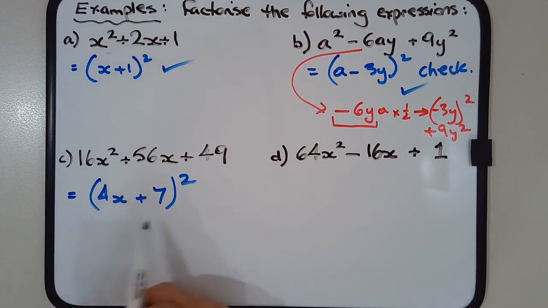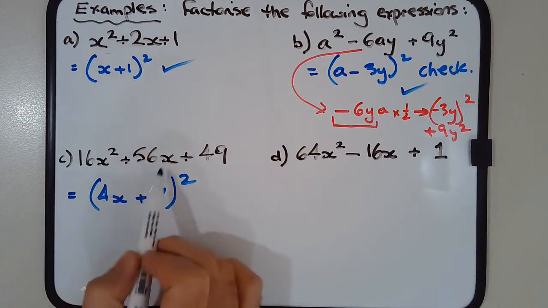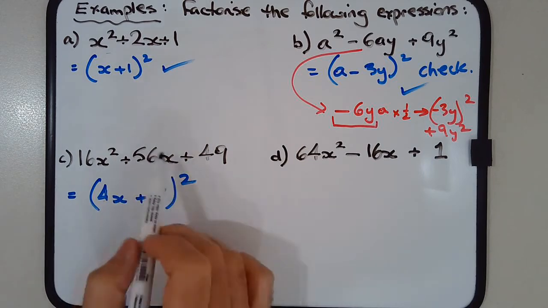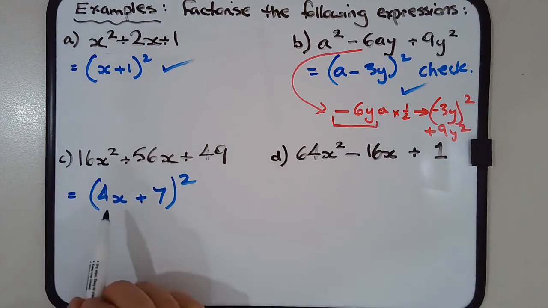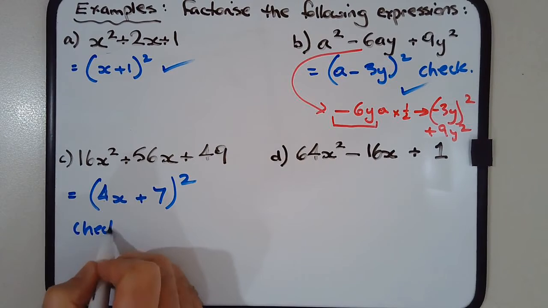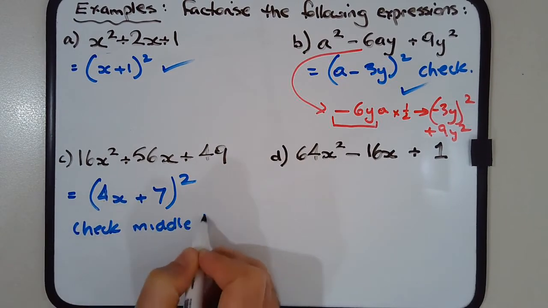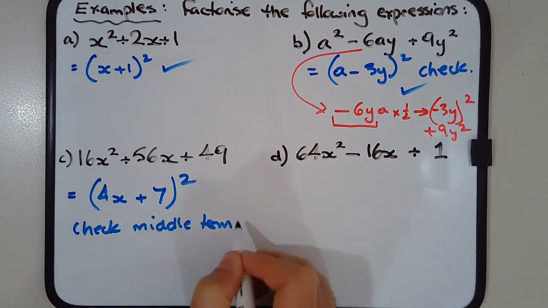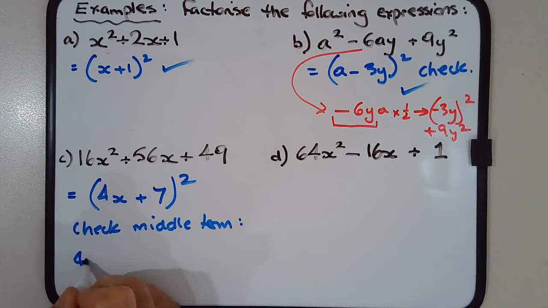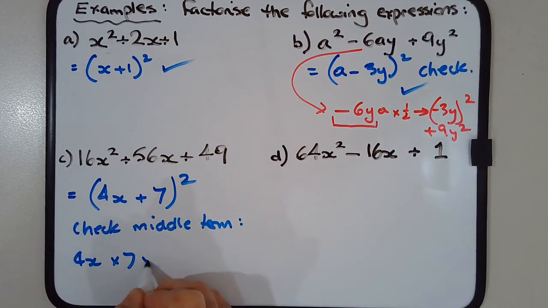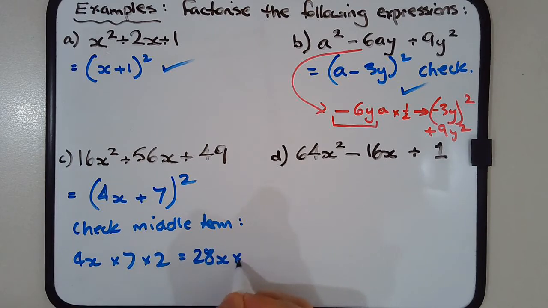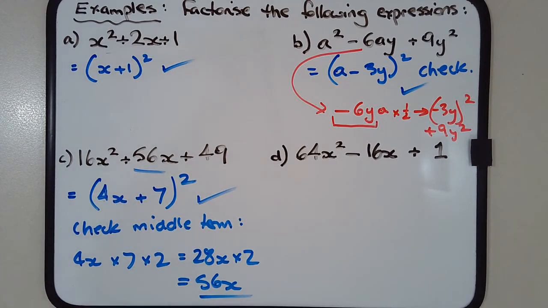Now we just need to double check that this binomial, when we expand it, will have a positive 56x in the middle term. So as a check, we'll say check middle term. 4x multiplied by 7 multiplied by 2 is equal to 28x times 2, which is equal to 56x, and that is equal to that. So therefore, we're happy. This is the correct answer.